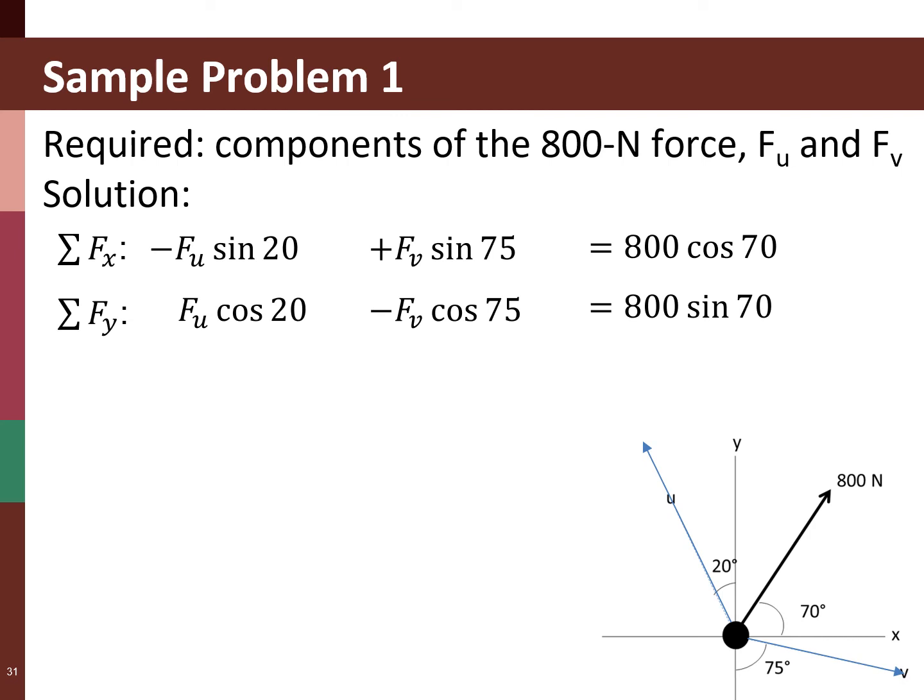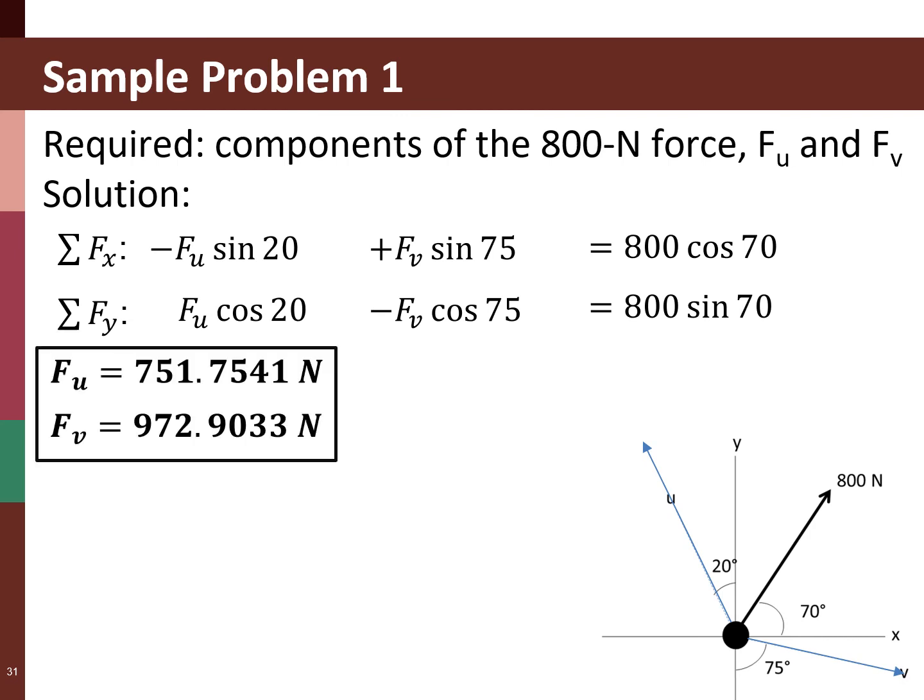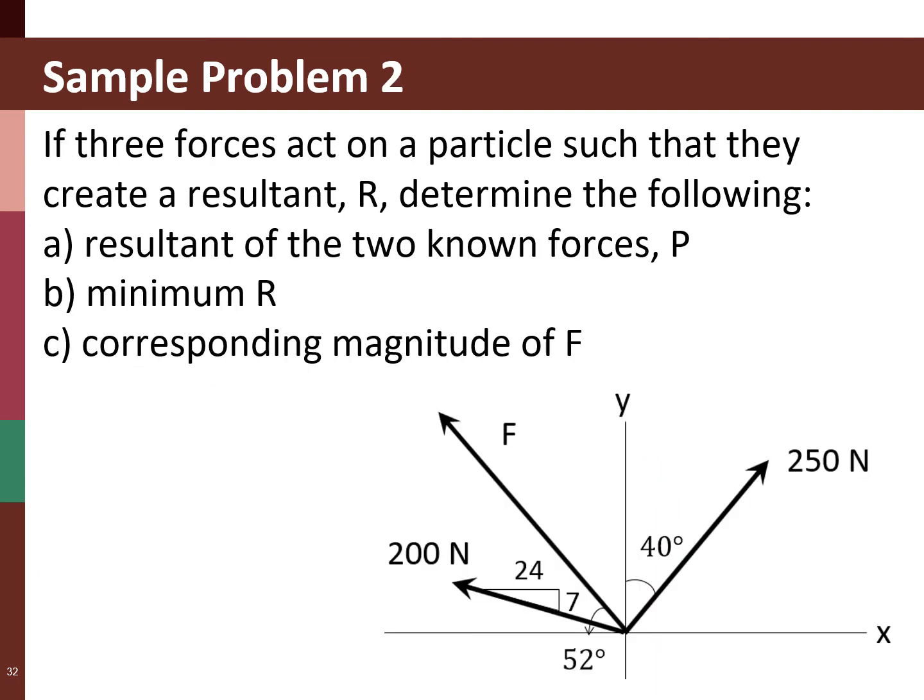Solving for f sub u and f sub v, we have f sub u equals 751.97541 newtons and f sub v is equal to 972.9033 newtons.